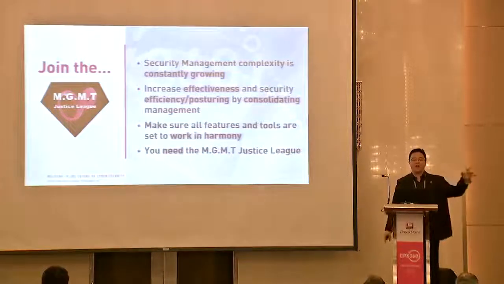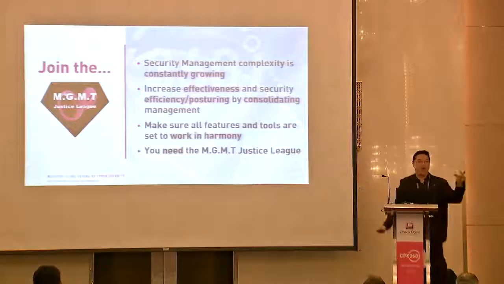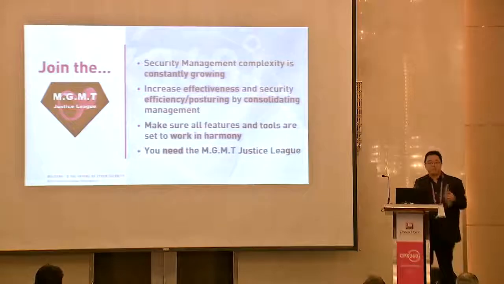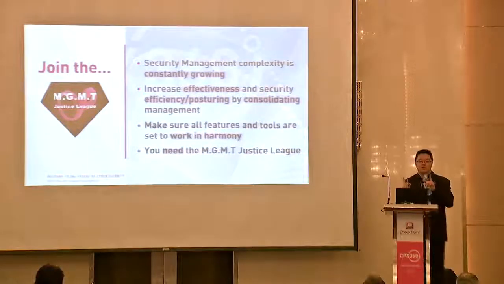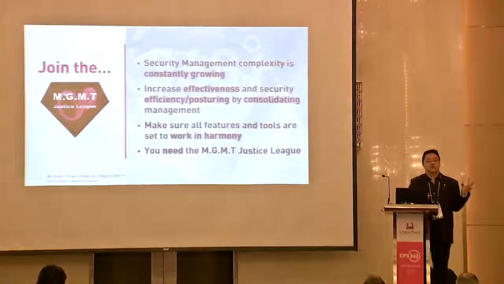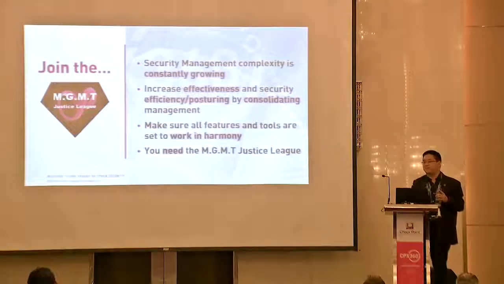Oh, I have IPS. Oh, I got a Check Point firewall. Oh, I have this, I have that. But if all of these don't work together hand in hand, you are just as good as buying a TP-Link router. Security management is the biggest flaw that we have today, not the type of products that come in the market, but your ability to manage it is the key.